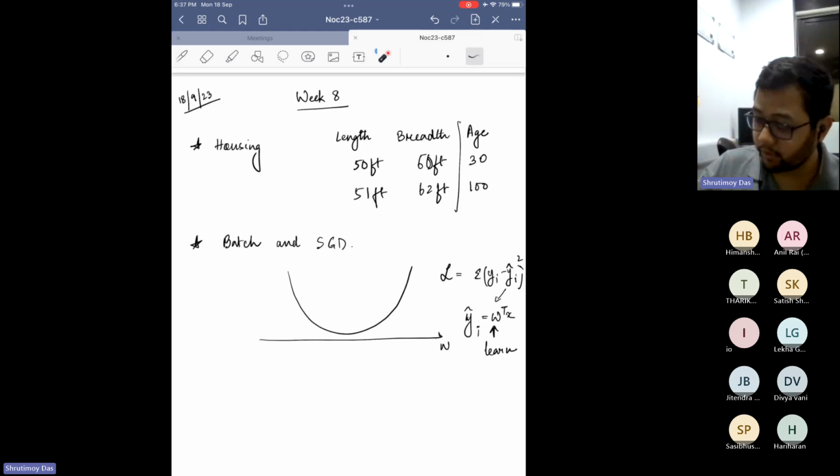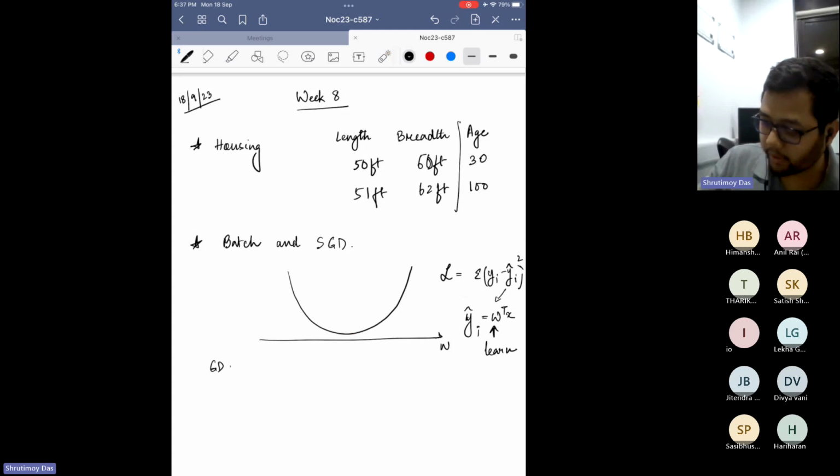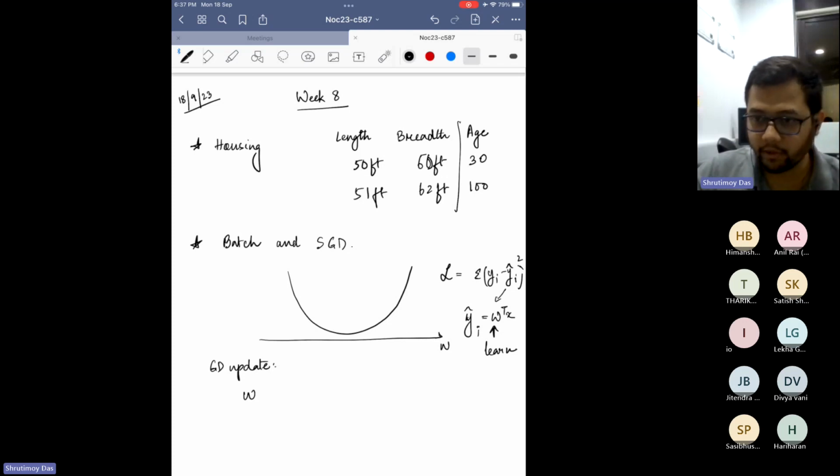Now if we do batch gradient descent, it will compute the derivative of this loss with respect to all of the points. Suppose you are at the t-th iteration.